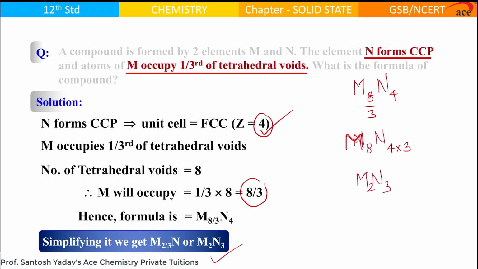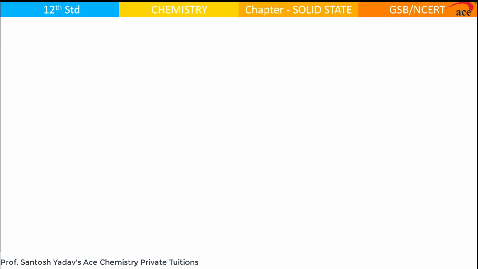This is how numericals of voids are done. Again, N forms CCP, therefore it is 4 N. M occupies 1/3 of tetrahedral voids. Tetrahedral voids are 8, and 1/3 of that is 8 by 3. So M is 8 by 3, N is 4. If you simplify, the formula will be M2N3.